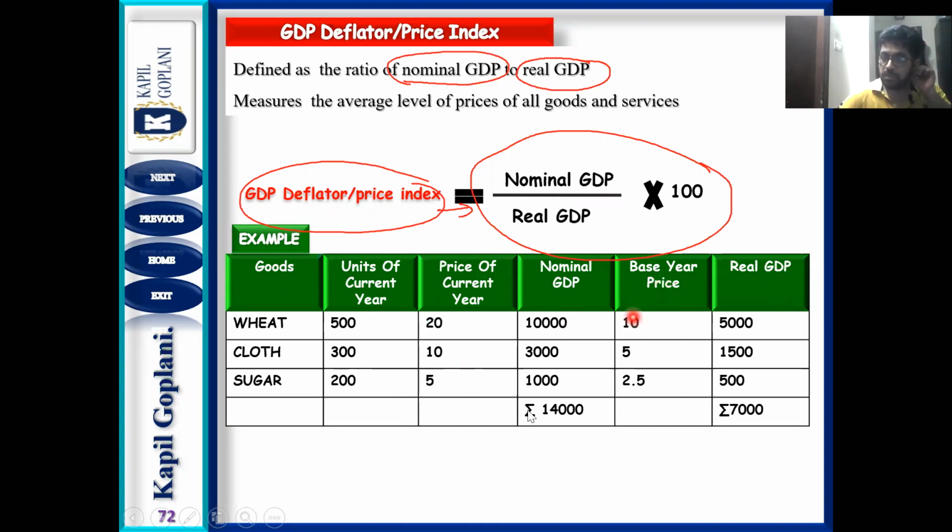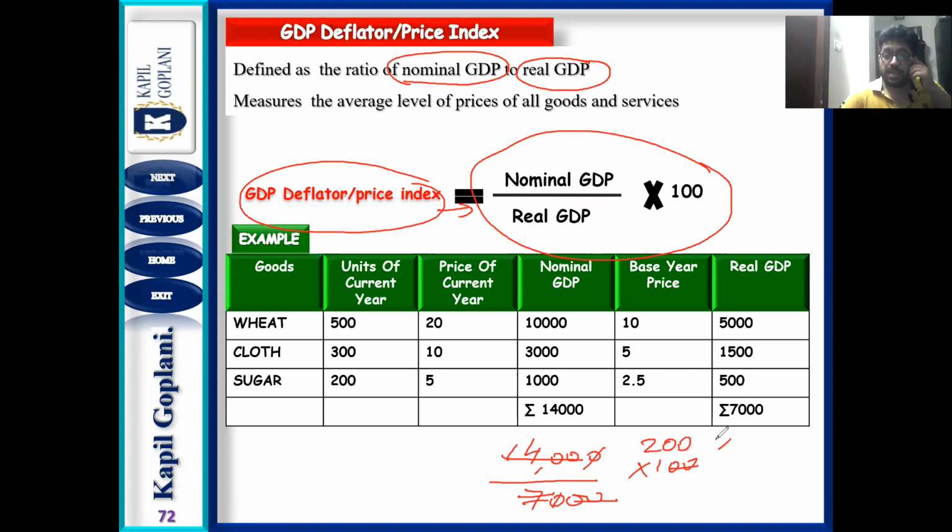Now, if I want to calculate the GDP deflator, I will simply divide the nominal GDP by real GDP. 14,000 divided by 7,000 into 100. Here 2020 cancels, 1010 cancels, and the final answer is 200.